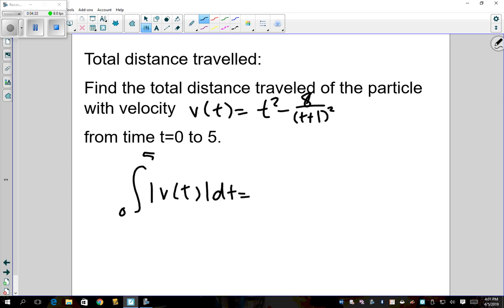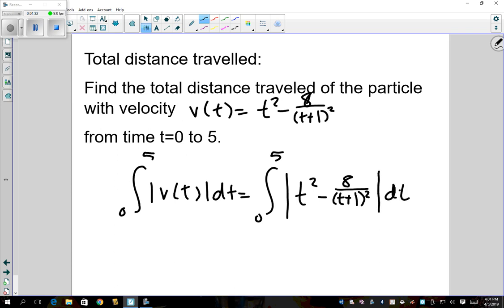So I want to set up the integral from 0 to 5 of the absolute value of t squared minus 8 over t plus 1 squared dt. And this is another one we're just going to plug into the calculator, 42.59. And so this is the total distance my particle has traveled.